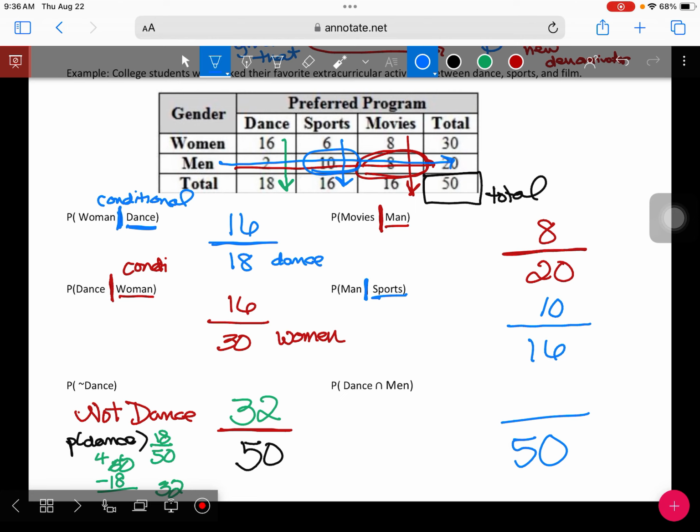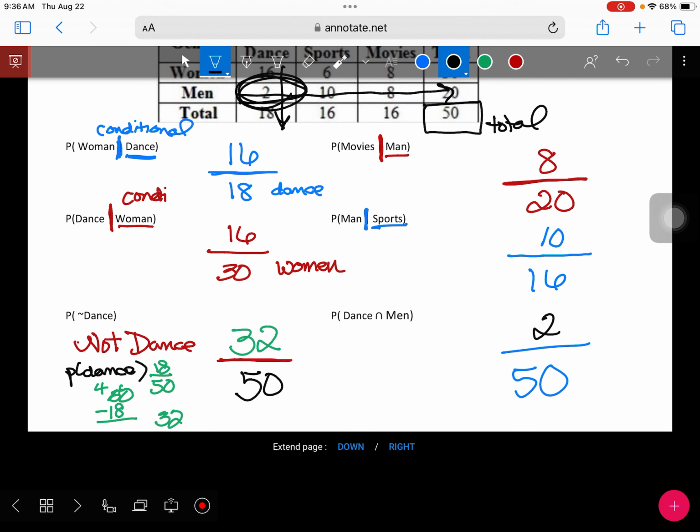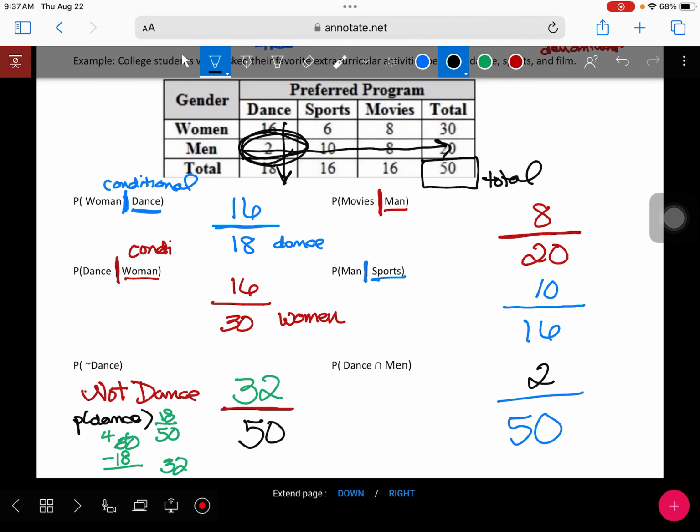It looks like an N. So, dance, men. What is my numerator for that probability? 2. We want dancing men. And that is my probability. Questions on those?